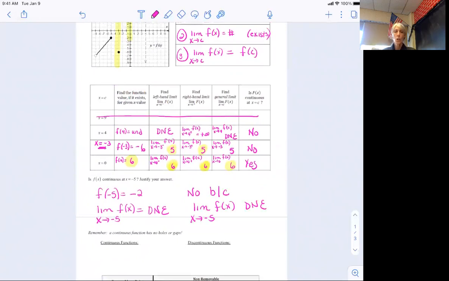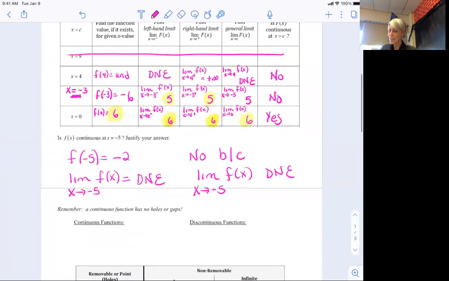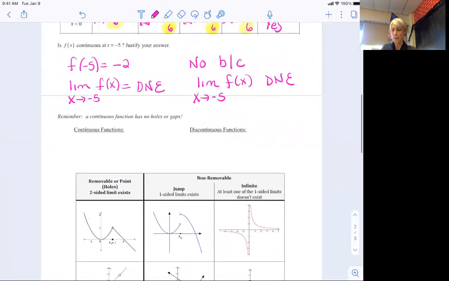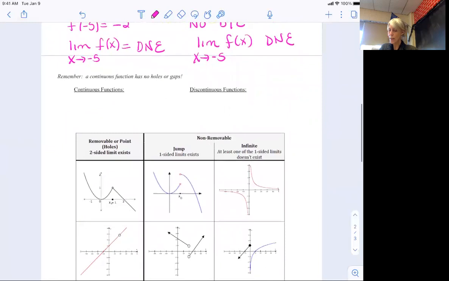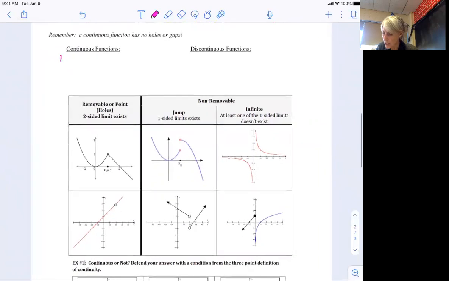Okay. So when we move through these problems, we're always going to have to consider what we're dealing with. So just want to remind you, a continuous function has no holes, breaks, or jumps. So types of continuous functions, obviously linear, will be continuous for all x values.